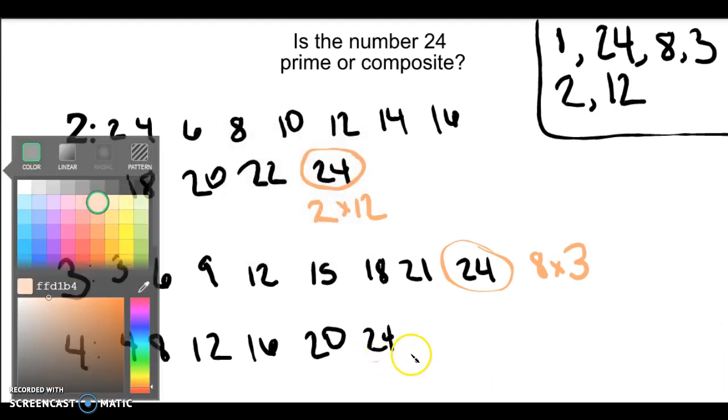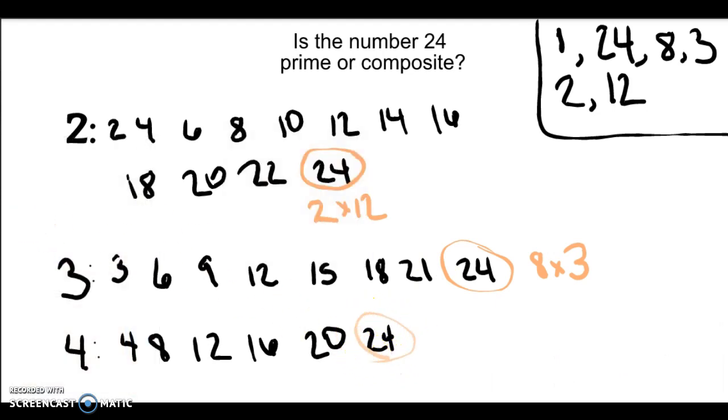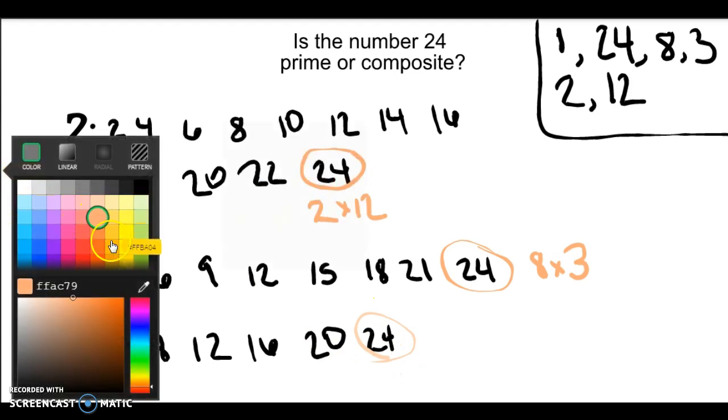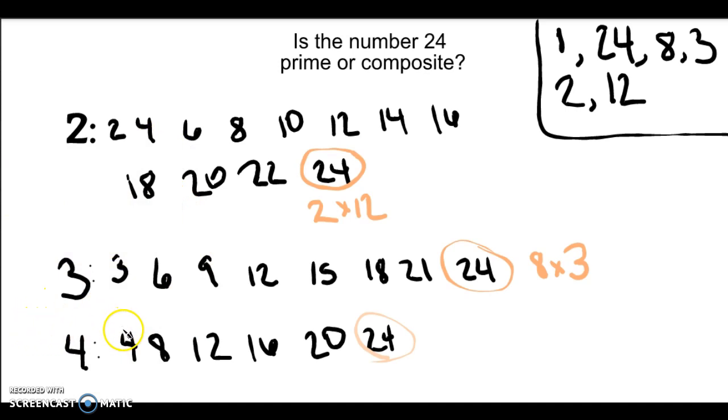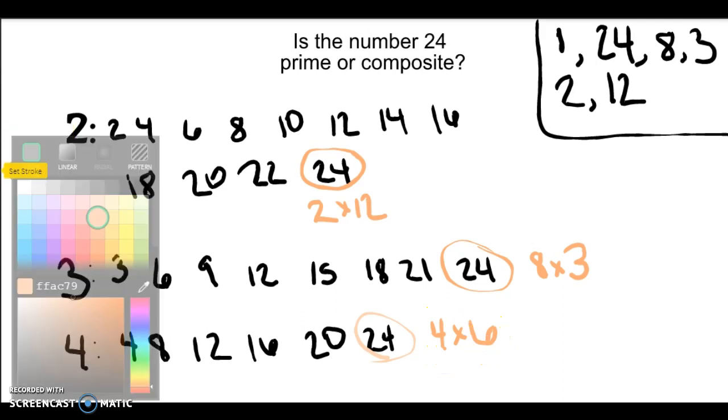All right, how many times did we have to add the number 4 in order to make 24? We did 1, 2, 3, 4, 5, 6 times. So we have 4 times 6. All right, so I'm going to add 4 and 6 to our factor box.